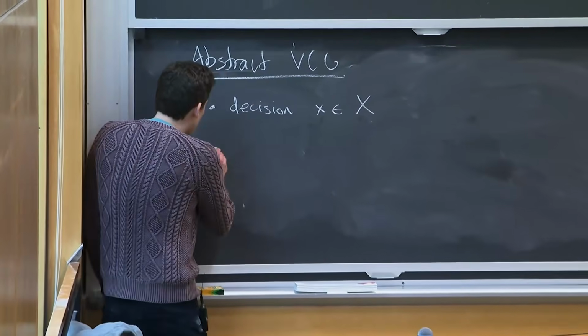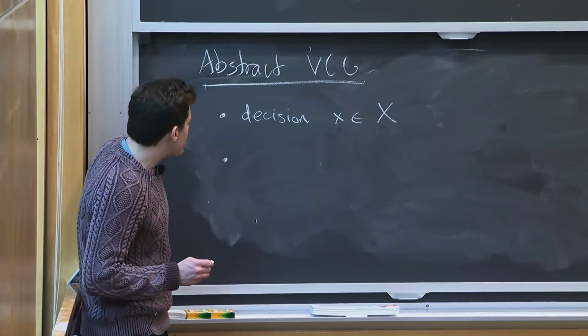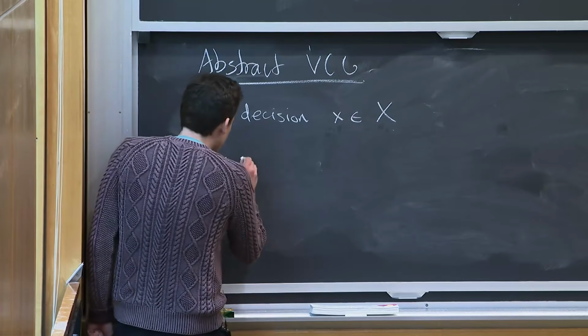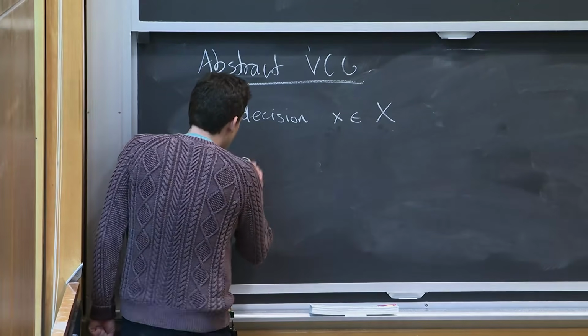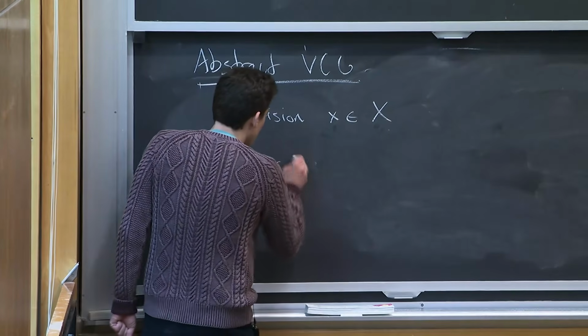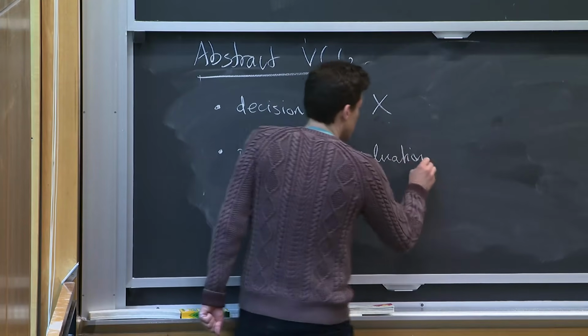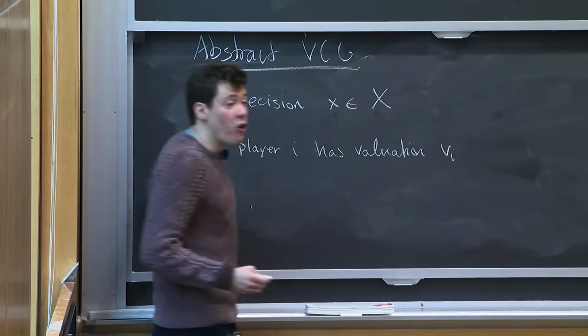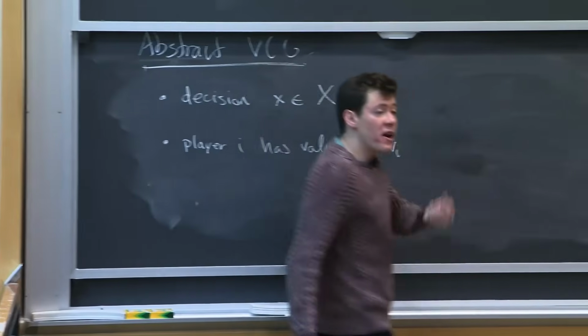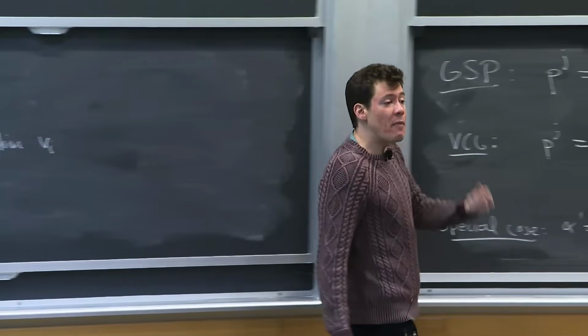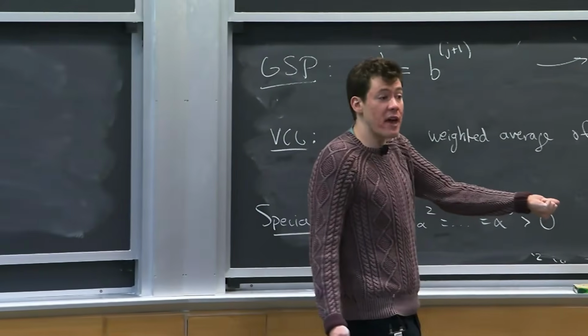Now we need to describe the bidders' preferences, or the players' preferences. So we have, let's say, player i has valuation vi. Now before, vi was just a number. When we were in a setting where we were allocating a good, my valuation was just how much I am willing to pay for that good.